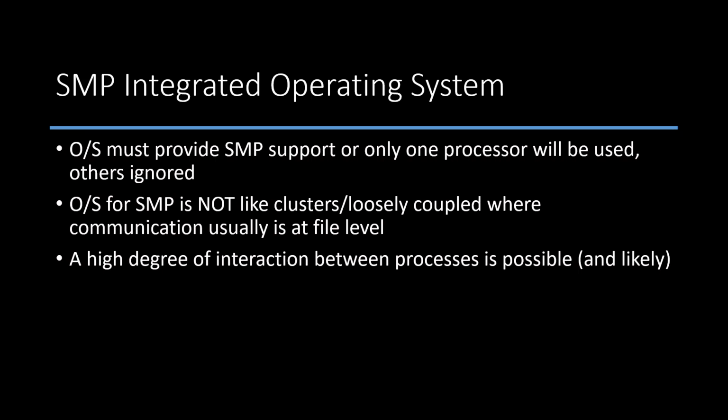Now, if there's no mechanism in the operating system that says, hey, we've got multiple cores here, it's just going to run on CPU 0 as if it's a single processor system, as if it's a single core system.